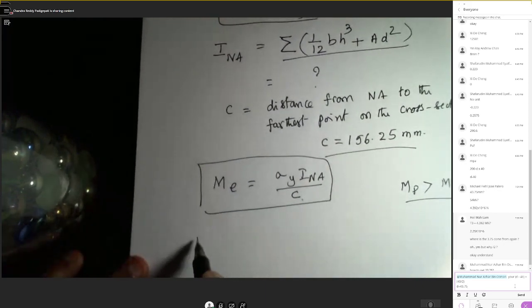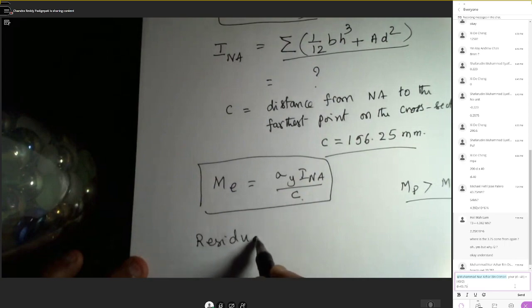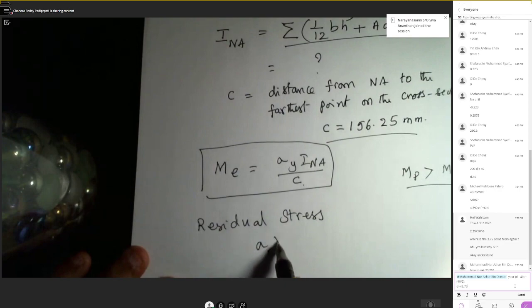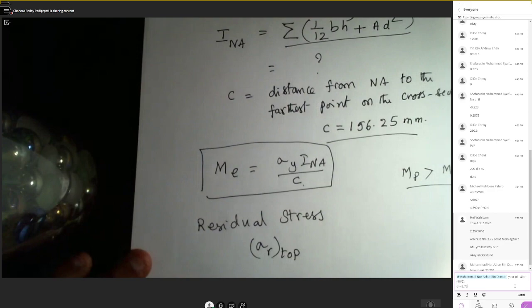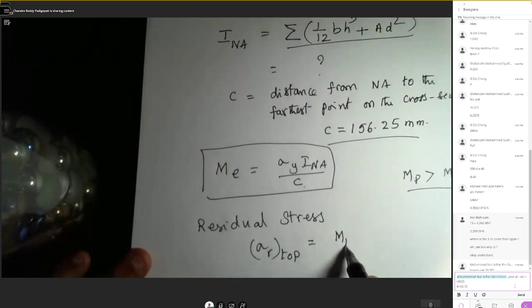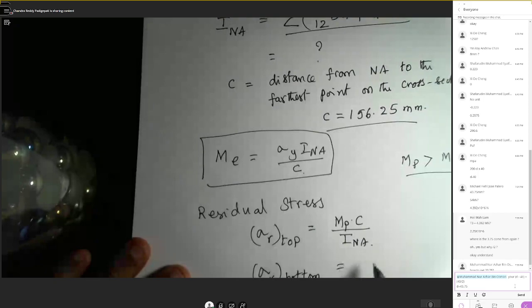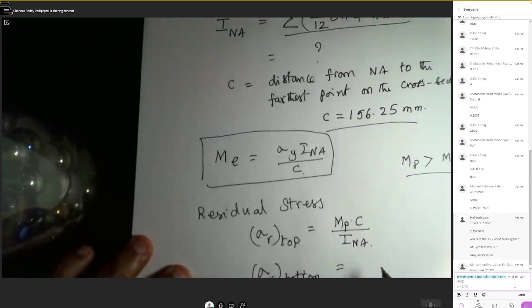Once you calculate both, then you can calculate the residual stresses. You can calculate this under two categories. The residual stress at the top: here we use the plastic moment, MP, into C over inertia through the neutral axis. Then you can calculate the residual stress at the bottom, using the same formula, MP into C over inertia through the neutral axis.